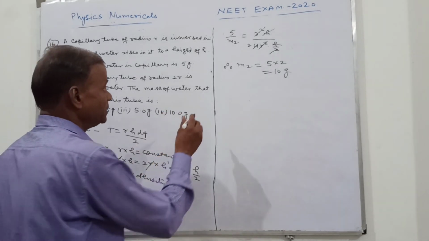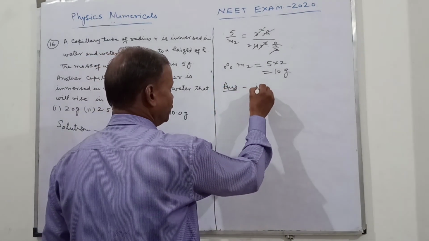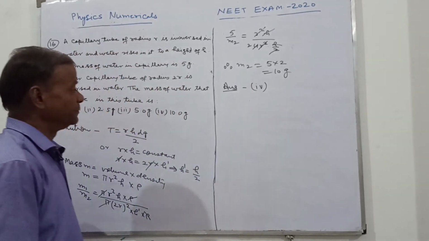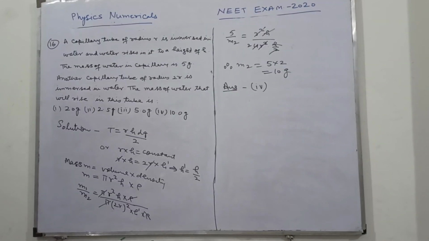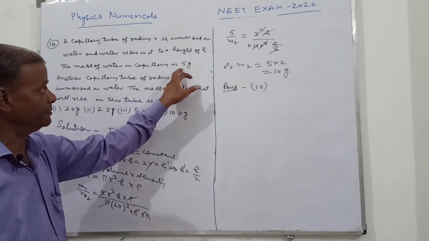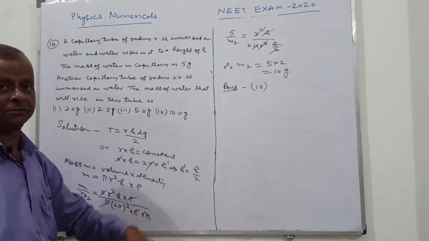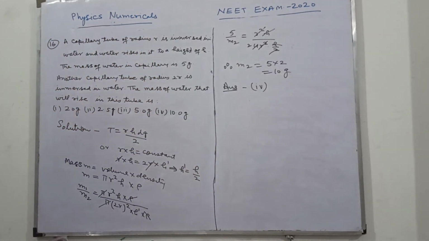So the right option, the answer, is your fourth. So if the radius of the tube is increased, then the mass in that tube will be more. Here it was 5 gram, now this is your 10 gram. So much water will rise in the tube. This is the question number 16.